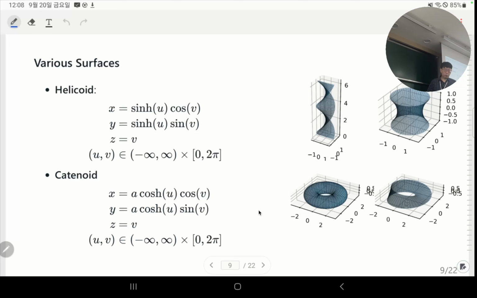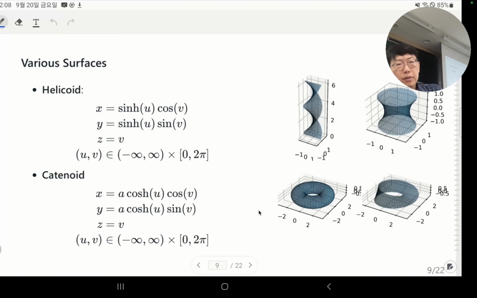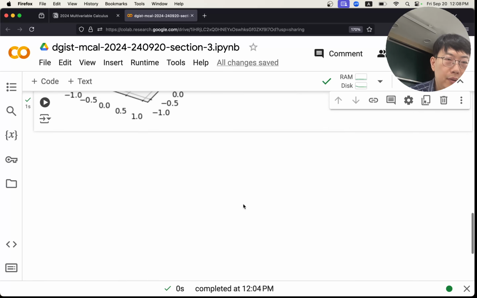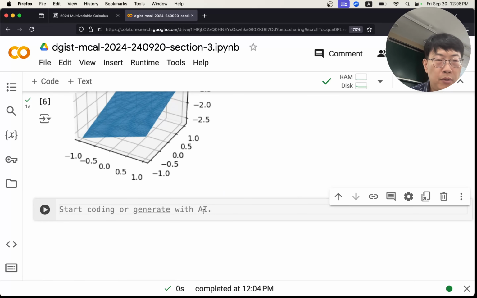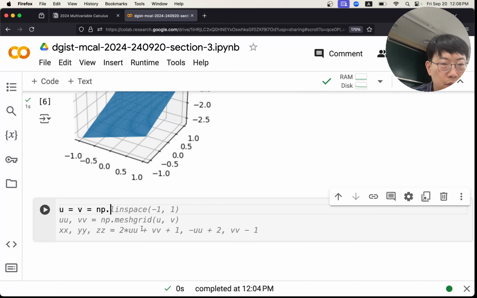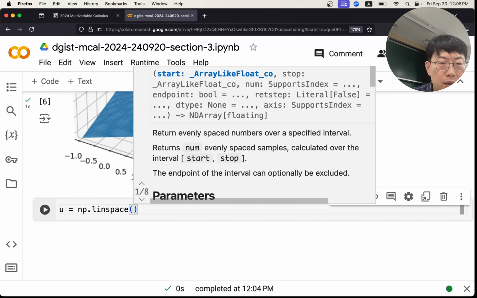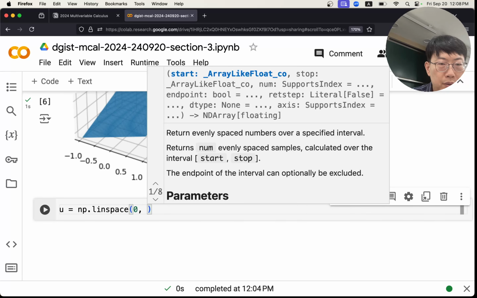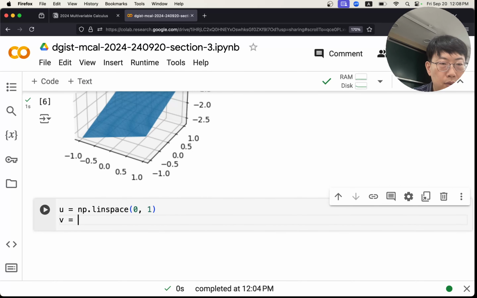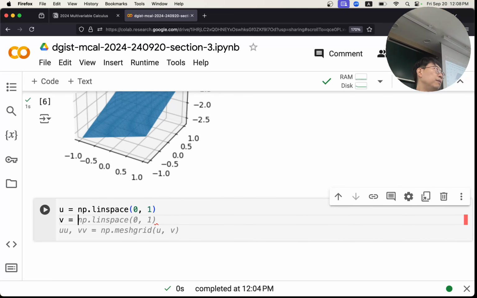Let's try to draw this one, and then let's draw another one too. So here I already imported NumPy and matplotlib, so I can simply take u and v. It's a different range. So u is NumPy from 0 to 1, I think. u is originally minus infinity to infinity, but I restricted the domain from 0 to 1.